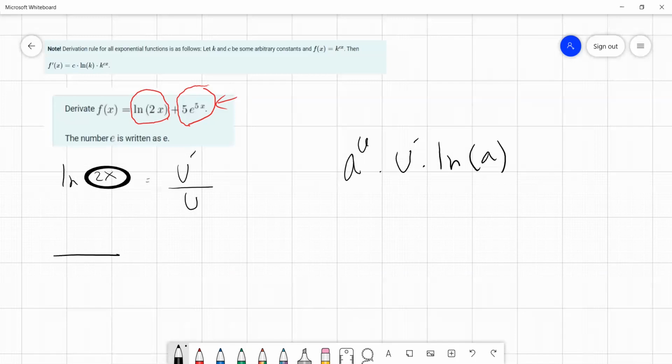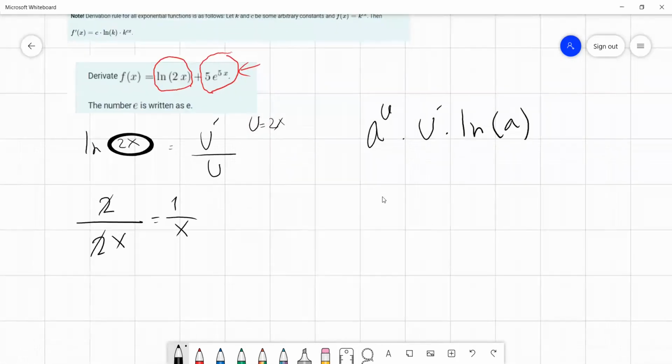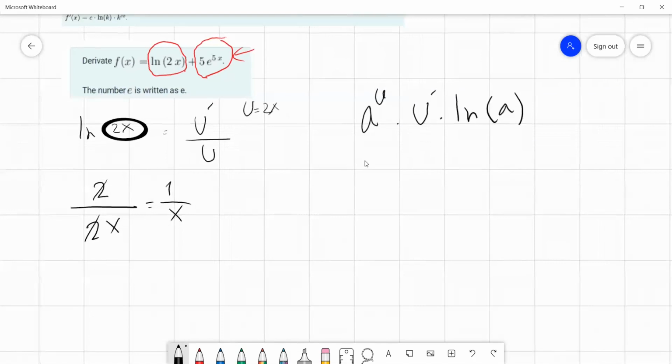If we call 2x u, then the derivative of u is just 2, and the original function is just 2x. So the 2s cancel, and that equals 1 over x. You are probably familiar with that. The derivative of natural log of x is generally just 1 over x. Of course, if it has a coefficient next to it, then it would be times the coefficient. Okay, so we have derived the first part successfully.